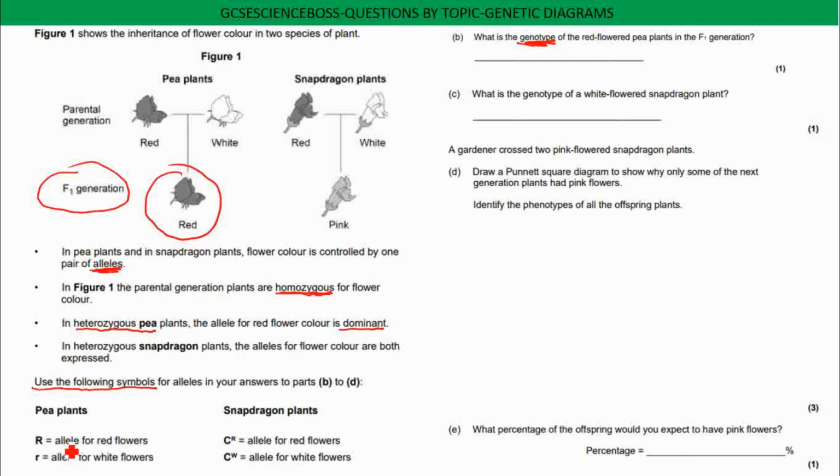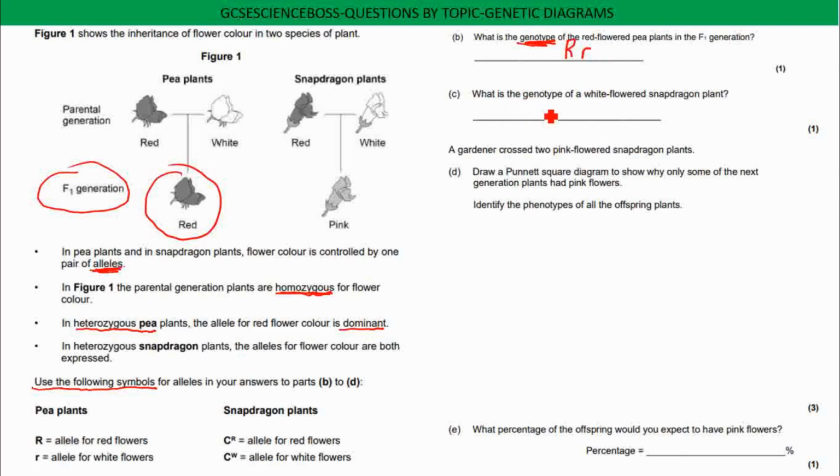So the red right there has to have both alleles. Why? Because its parents are a red and white, which means that the parents must have passed on the white allele as well. So your answer there has to be a capital R and a lowercase r coming from the white pea plant parent. That's where it would be getting that allele from.